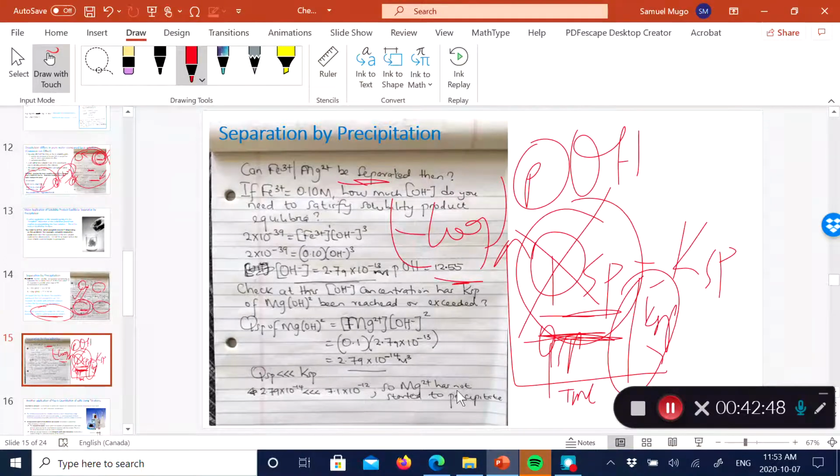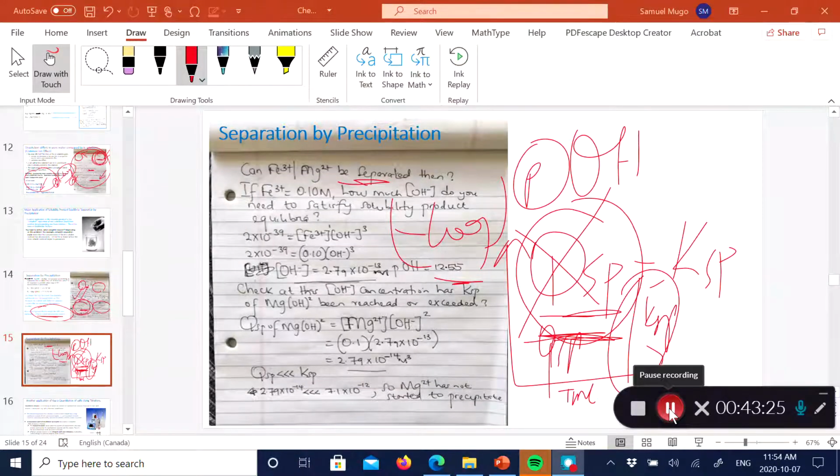And so yes, it's possible to separate the iron from the magnesium, because we've got a very, very big difference between the QSP and the KSP. And so basically that's how you do it when you're trying to determine if you can quantitatively separate 2 species. So you compare the QSP at the point of precipitating the first salt, and you see if it has been exceeded for the second salt.